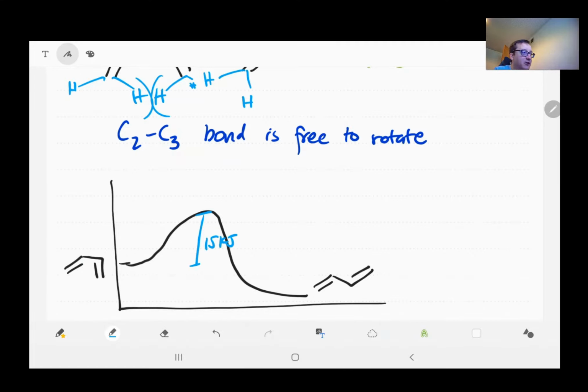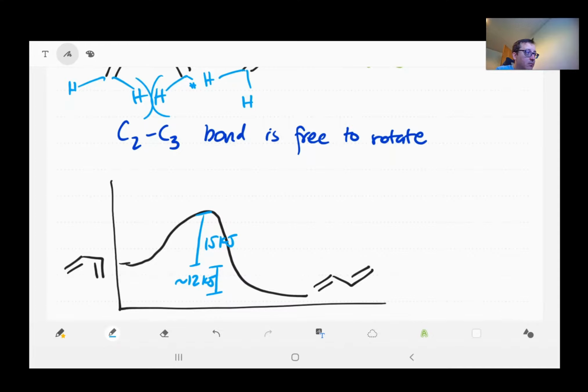So it's the same amount of energy as we get for making a conjugated system is the energy it takes to rotate that particular molecule. And just so we know, the difference here between the two forms is about 12 kilojoules or so. So we're looking at kilojoules per mole, right, for all of these. In order to rotate, there is a sizable energy barrier that we must overcome, but we do get a nice little energy reprieve at the end.